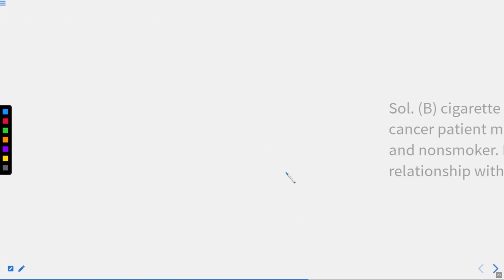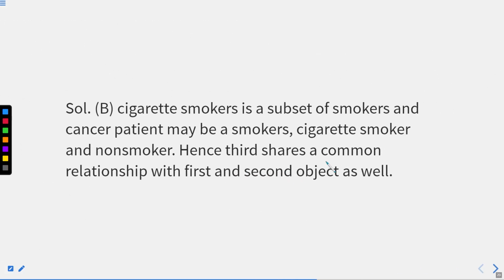So similarly, now we are moving on to some different set of questions. Before that, I have already explained this thing. You can read it, or I will read it for you once in this video, right? Cigarette smokers is a subset of smokers, meaning they are also called smokers, right?